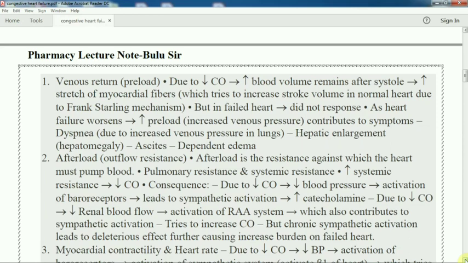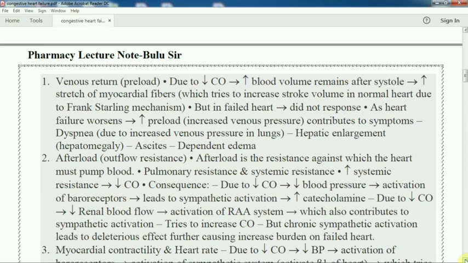Due to decreased cardiac output, renal blood flow decreases and the renin-angiotensin system is activated, which also contributes to sympathetic activation and tries to increase the cardiac output. But chronic sympathetic activation leads to a deleterious effect, further increasing the burden on the failed heart.